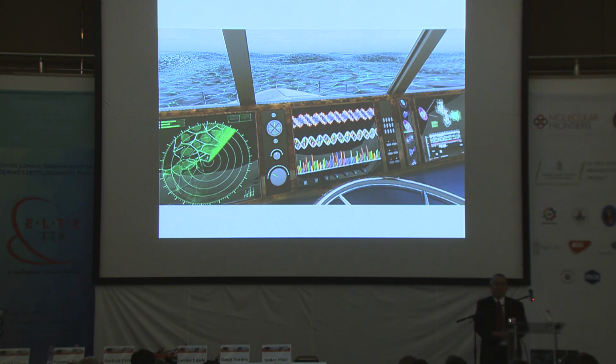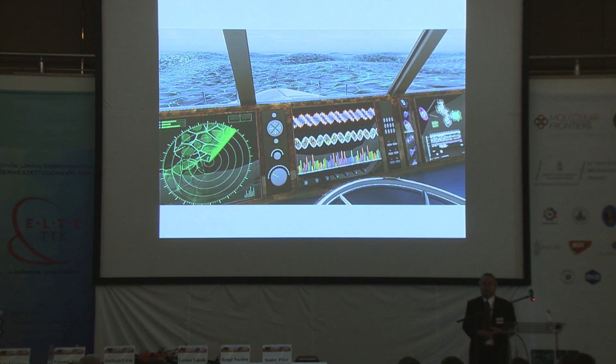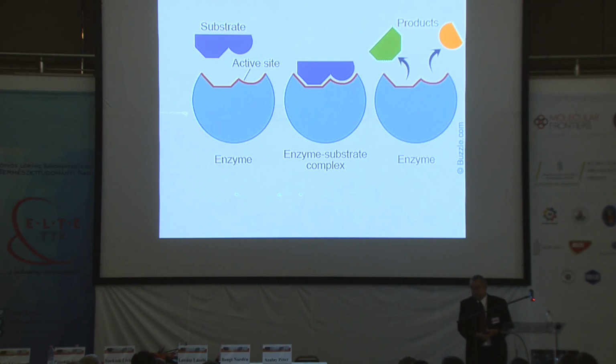This will be about half of the talk. And then what we do with more complex molecules that do different functions in the cell. So for those of you who don't know, an enzyme is a protein composed of amino acids.